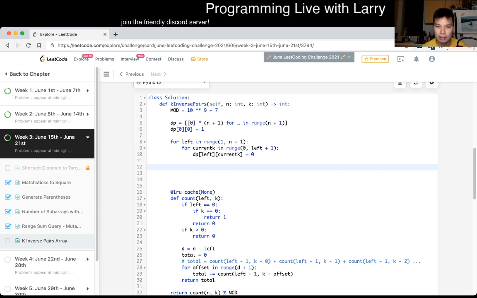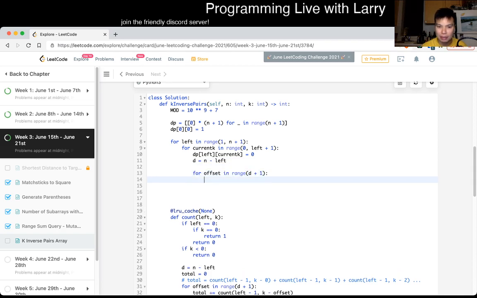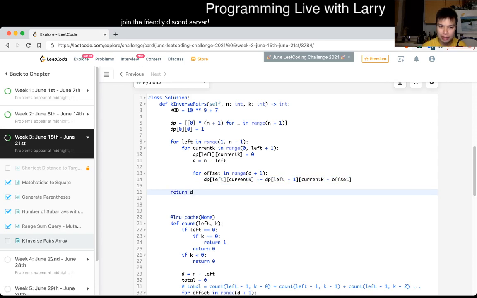Okay, maybe this is a little bit off. So d is equal to n minus left, and then for offset in range of d plus 1, dp of left, current k, we add dp of left minus 1, k minus current k minus offset, right?